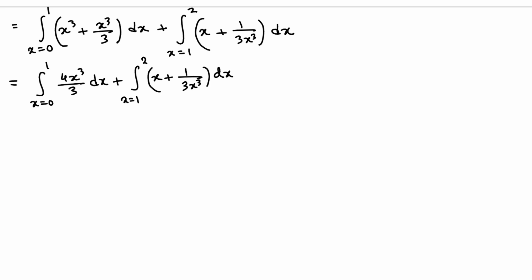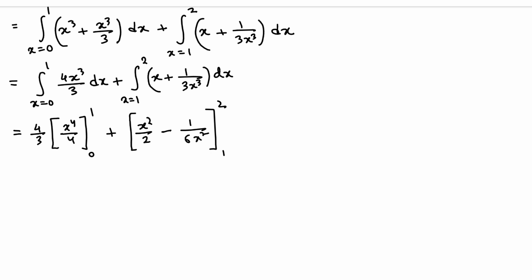So this is equals to 4 by 3, common x cube, the integration of x cube is x to the power 4 by 4, upper limit 0 to 1, plus x square by 2 minus 1 by 6 x square, from 1 to 2.